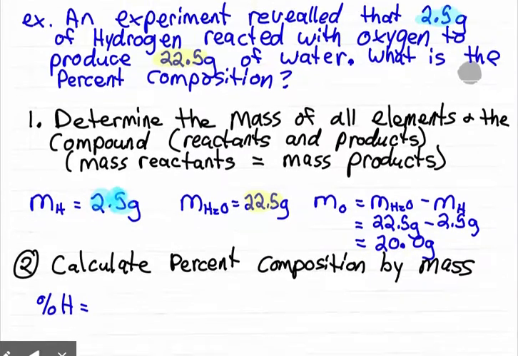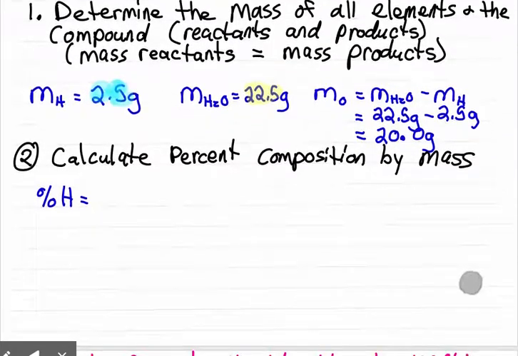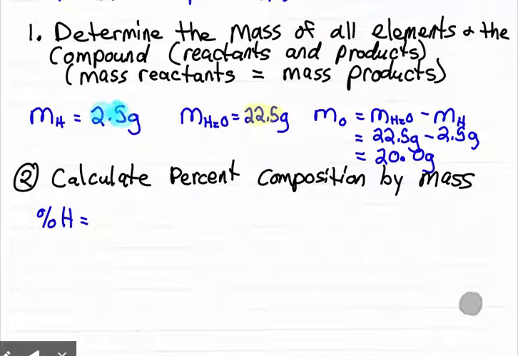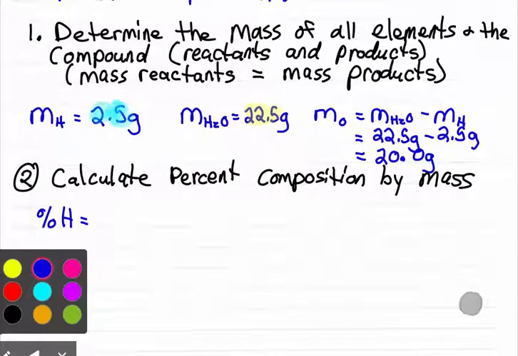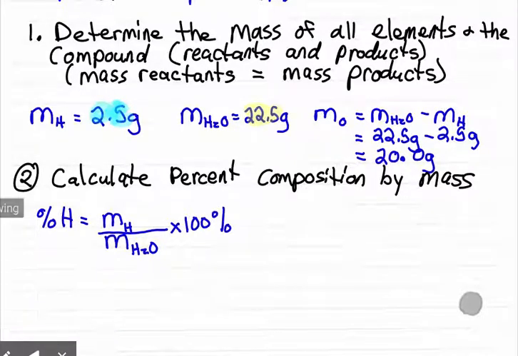The second step is we're going to calculate the percent composition by mass. So we start like this. I've already started, and I've written the percent of hydrogen is going to equal, this is pretty straightforward, mass of hydrogen divided by mass of water times 100%. Because we're going to communicate this properly, we're always going to write our formula, and then we're going to sub in our numbers.